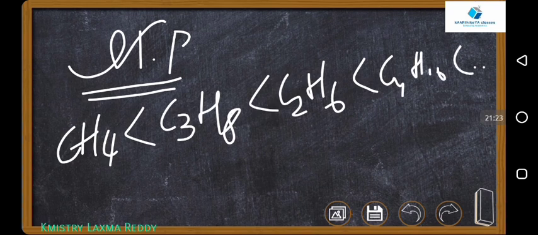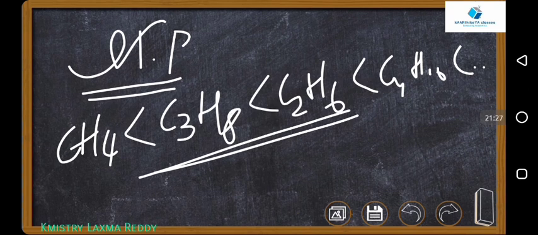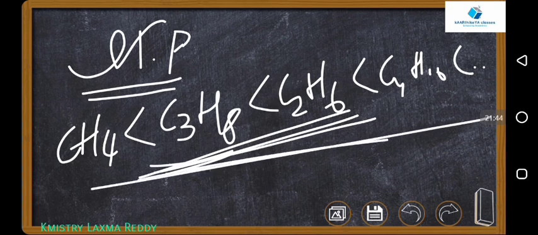So only here that exception is there. The melting point of ethane is approximately 100, I think, so it will be around 88 like that. So from methane to ethane it actually increases, and from ethane to propane the melting point decreases. But this is the only exception I felt. Remaining, no need to remember this kind of thing.